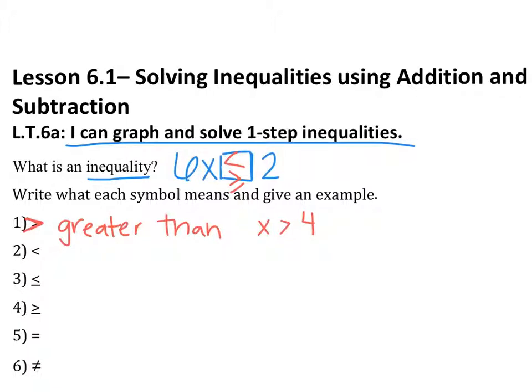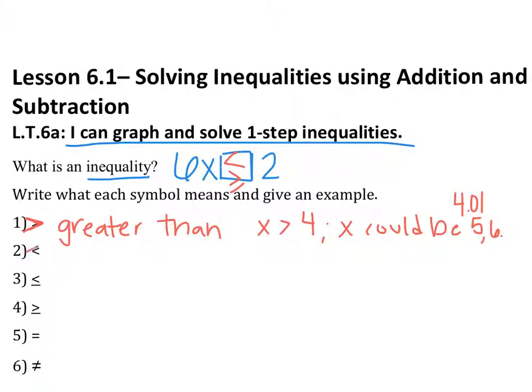What would be some numbers that are greater than 4? x could be 5, x could be 6, x could be 7. Could x be 4? Is 4 greater than 4? It's not, so it couldn't be 4, but it could be 5, 6, 7, 8. It could even be 4.01. You could even have some decimals in there.